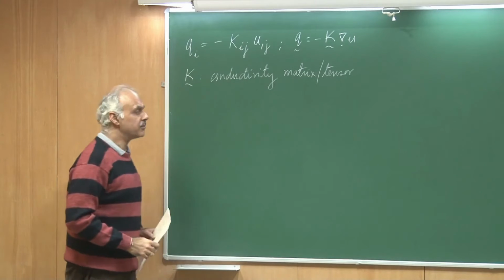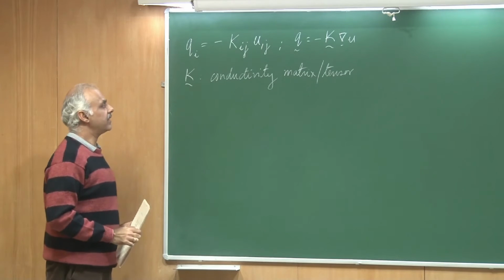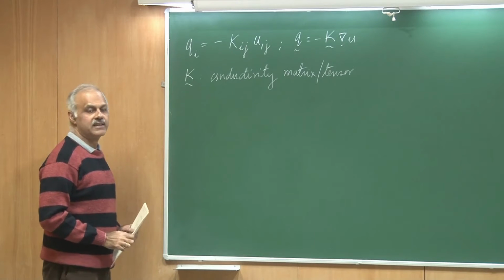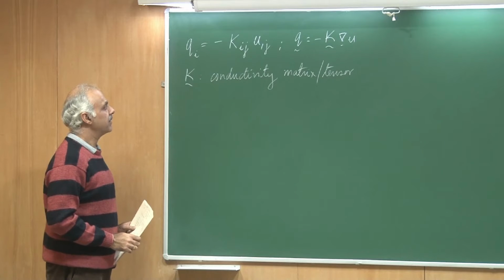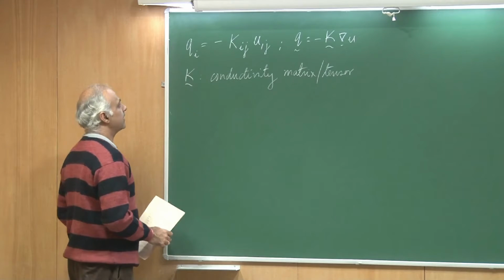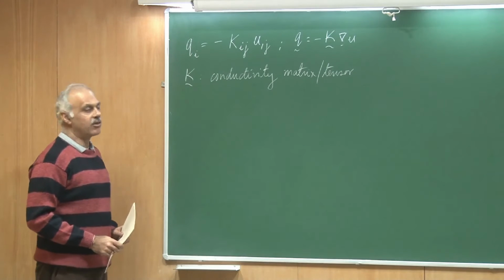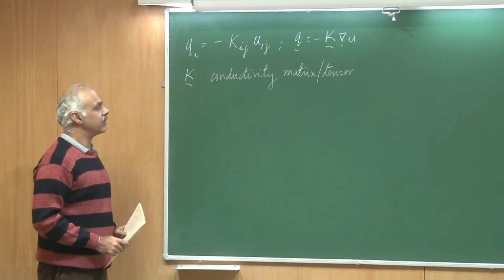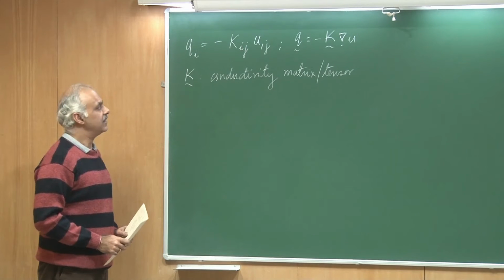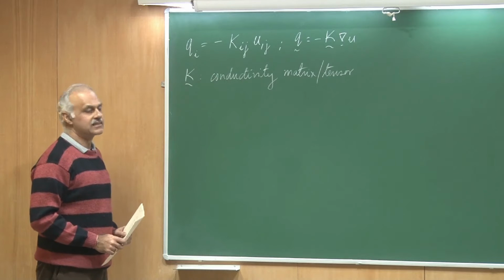This is a property of the material and it has to be determined experimentally. Okay? Now you will notice that in principle K can depend on the temperature also. So you can have a material which, when it becomes hotter or colder, its conductivity also changes. Okay?